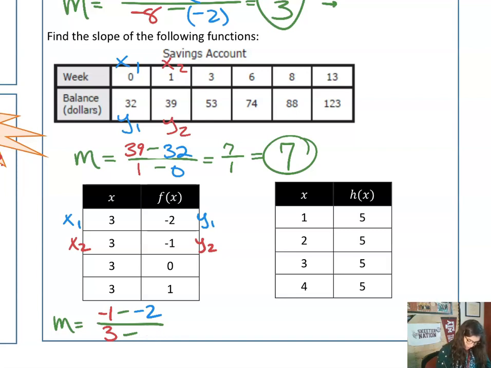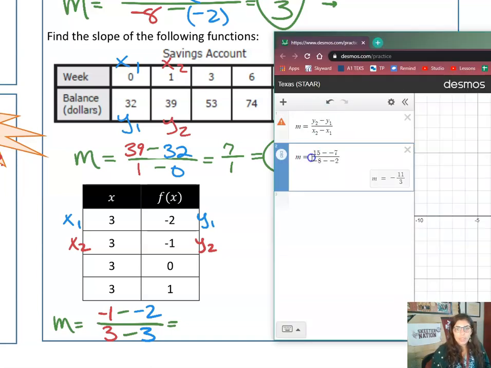Oh, that's wrong. I typed the wrong thing for a second. Minus x1. Okay, we're going to use Desmos for this one because it looks a little funky. So here we go. Let's pop over to Desmos and have this calculate for us. We're going to get rid of this, delete, and we're going to press the big divide. We have -1 minus -2 over 3 minus 3.